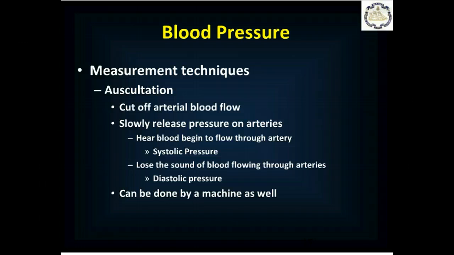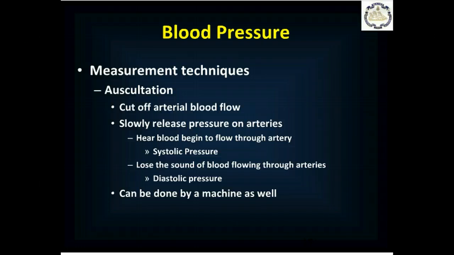So you basically inflate your cuff, you listen till you hear noises. As soon as you hear noises, that's your systolic number. You continue to listen as you slowly release the pressure. And as that fades away, when you can't hear it anymore, that's your lower number, your diastolic number.